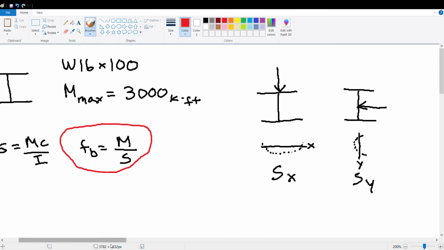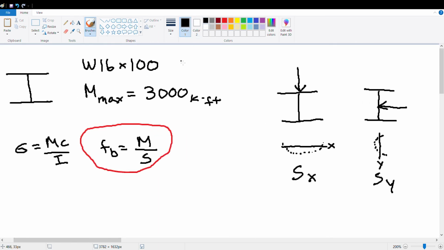So how about we just write this out? Now your section modulus is 175 inches cubed, and guess what? That's it. You're pretty much done. So let's do it. Your bending stress is M over S. Your moment is 3,000 kip-feet, but remember the section modulus is in inches, so we want kip-inches.